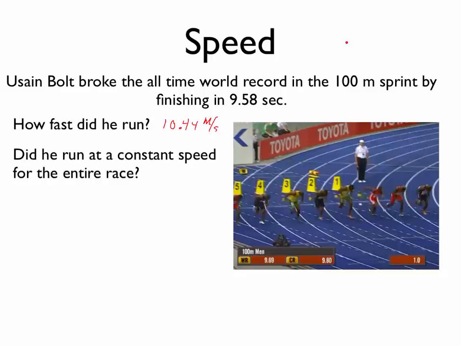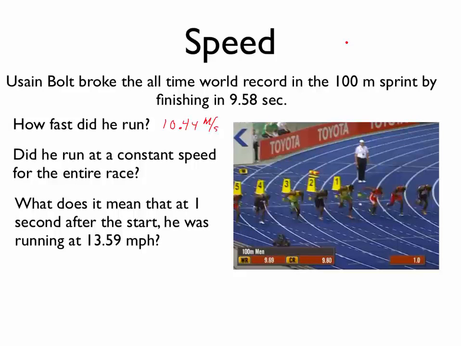You can't in no time all of a sudden be at a speed. You have to start from zero and accelerate, okay? So this 10.44 meters per second is what? It's an average speed, right? For the whole race, okay? He didn't run at that constant speed. So when you have just one speed, all that can be is a constant speed, but he did not run at a constant speed, okay?